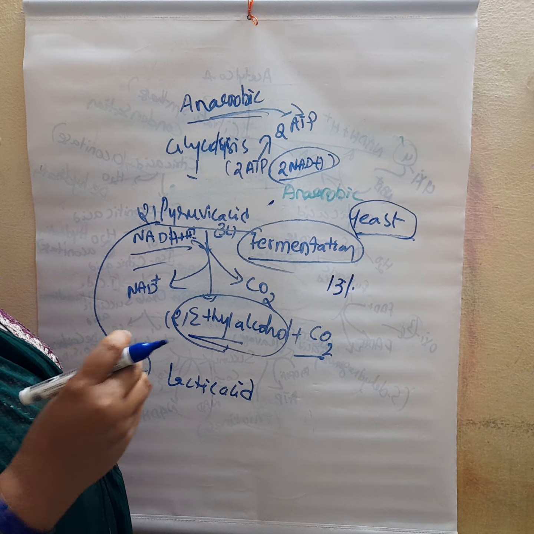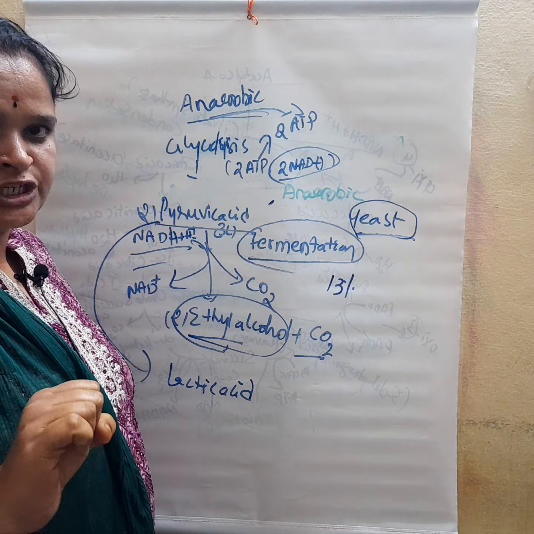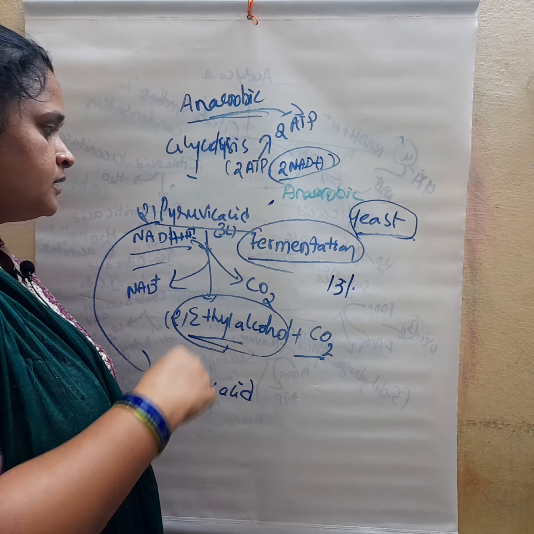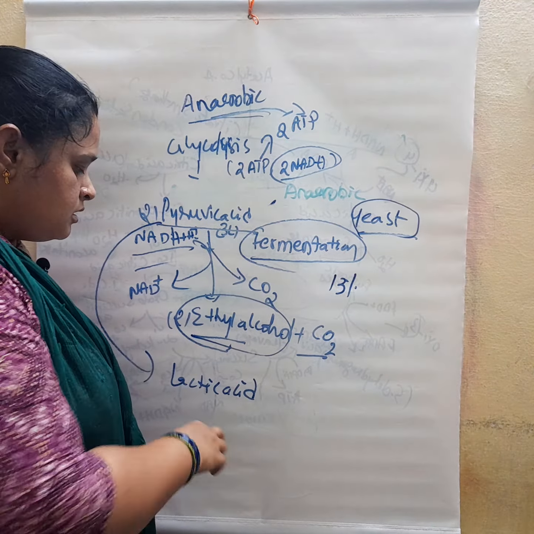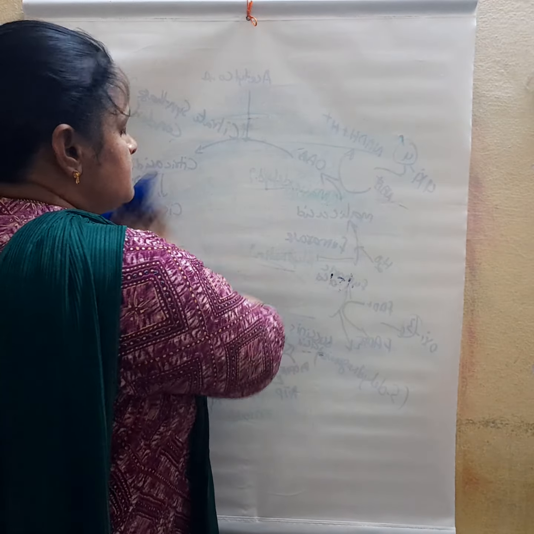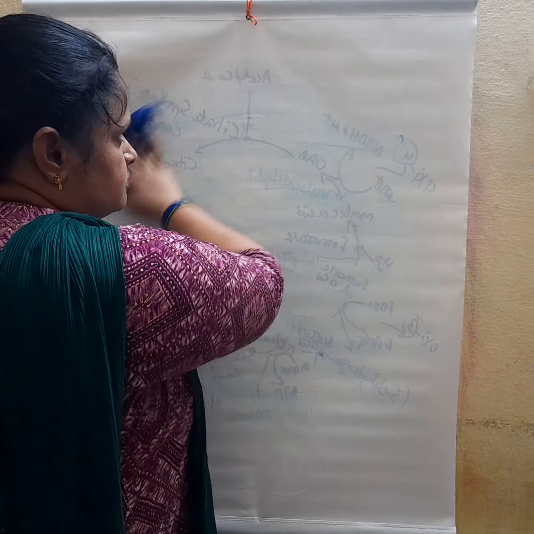Automatically fermentation occurs, not the actual process of aerobic respiration. So ultimately in anaerobic respiration, the ultimate product may be ethyl alcohol or lactic acid. Examples of anaerobes are yeast and Clostridium, an anaerobic bacterium. So this is about anaerobic respiration. Now we'll go to aerobic respiration.